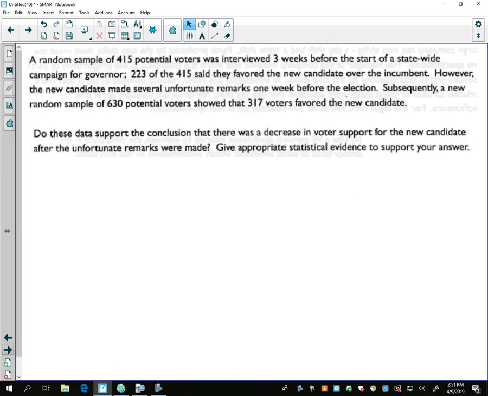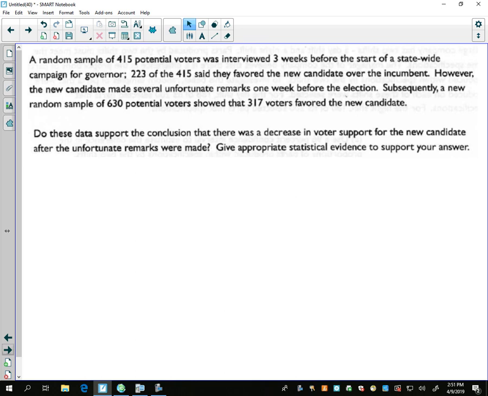All right, so we're going to dive into the first FRAPI here. Now, the first FRAPI says a random sample of 415 potential voters was interviewed 3 weeks before the start of a statewide campaign for governor. 223 of the 415 said they favor the new candidate over the incumbent. However, the new candidate made several unfortunate remarks 1 week before the election.